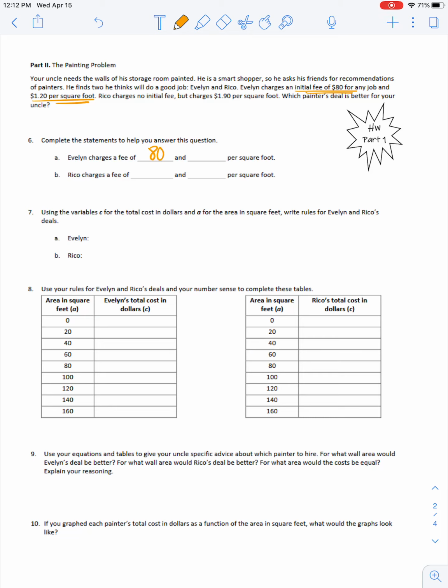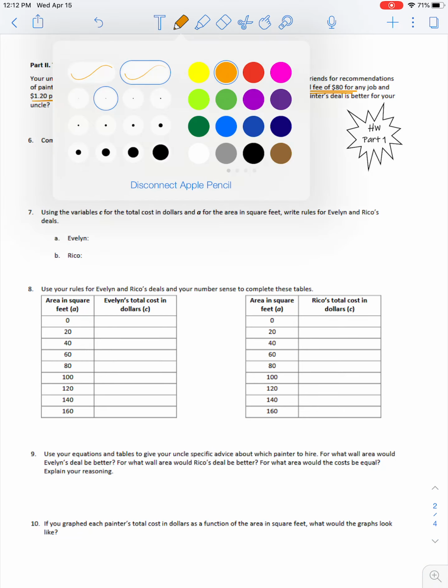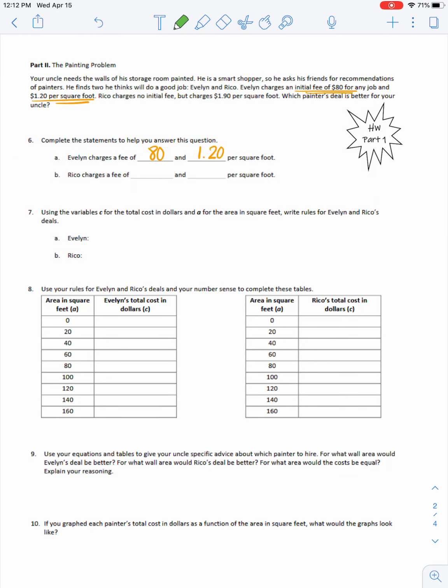Okay, so remember, our initial fee is our y-intercept, and our rate is $1.20, or our slope. Okay, Rico charges no initial fee, but $1.90 per square foot.